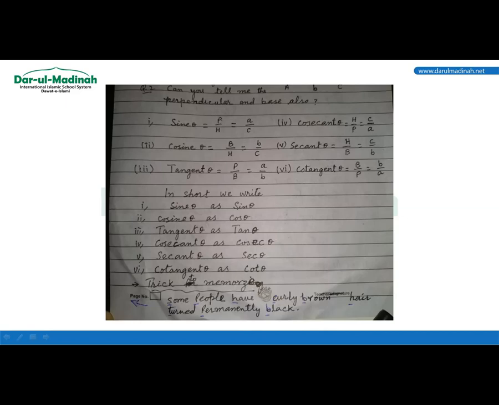If you know this sentence, you can get these trigonometric ratios. These are the three basic trigonometric ratios, and the remaining three you can get by the reciprocal of these three.